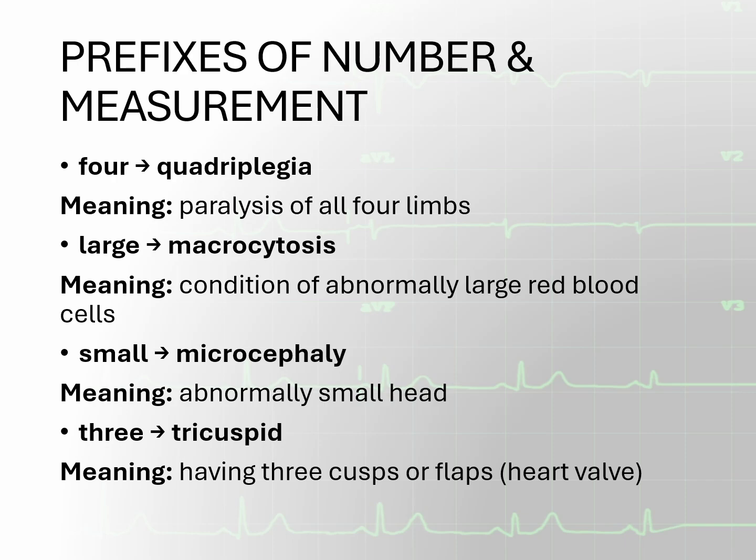For 4, it's quadriplegia, which means paralysis of all 4 limbs. Macrocytosis, which means condition of abnormally large red blood cells. Microcephaly, which is an abnormally small head. And tricuspid, which means having 3 cusps or flaps, which is one of the heart valves.